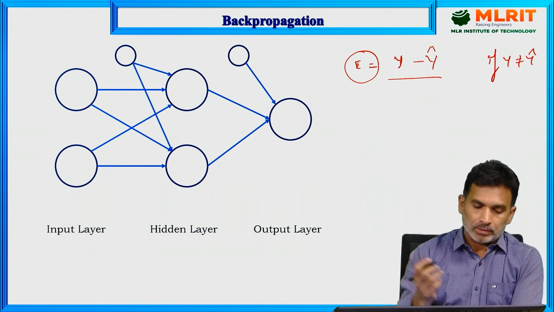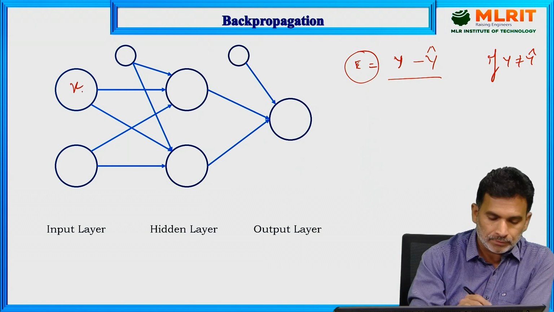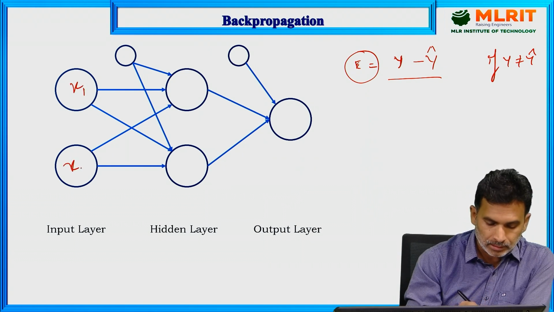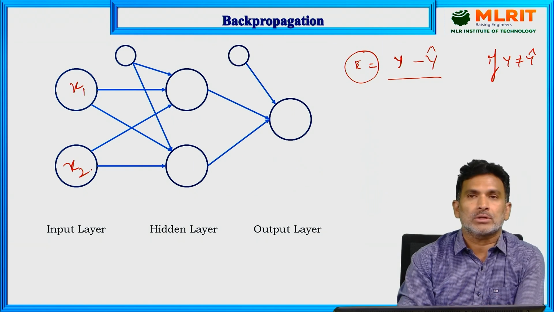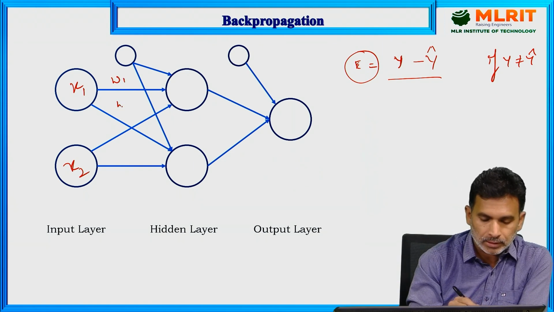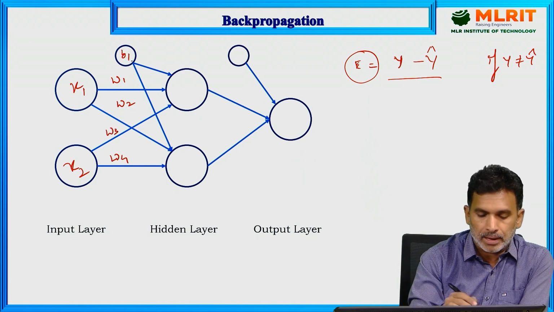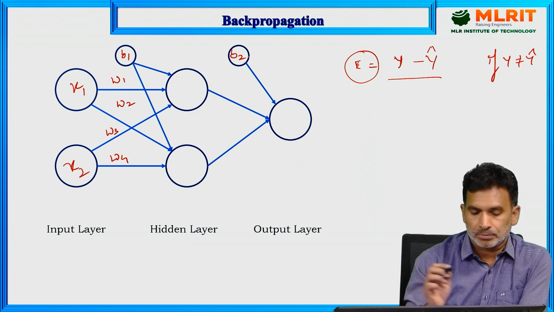Before that, let us quickly understand, suppose we take a simple artificial neural network with two inputs and weights W1, W2, W4, and biases, let us say B1 and B2.